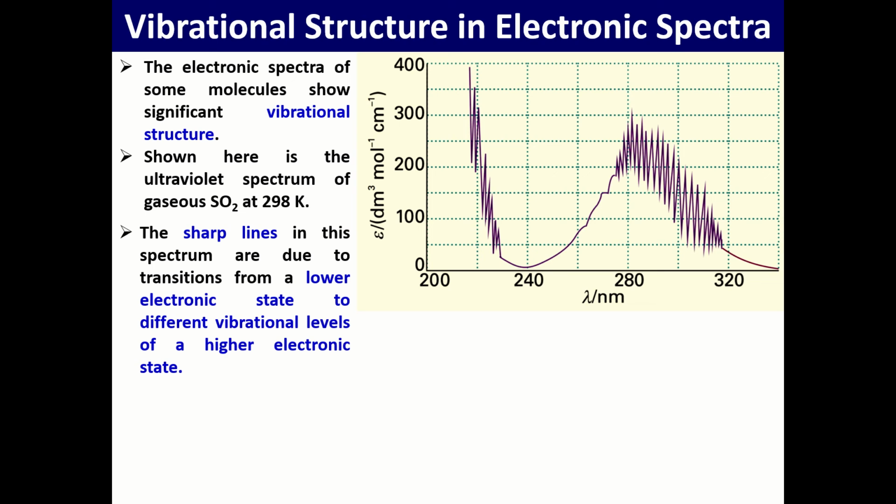These sharp lines, the spikes that you see, correspond to transitions from the ground electronic state, ground vibrational level, to the excited electronic state with different vibrational levels. That is seen here.